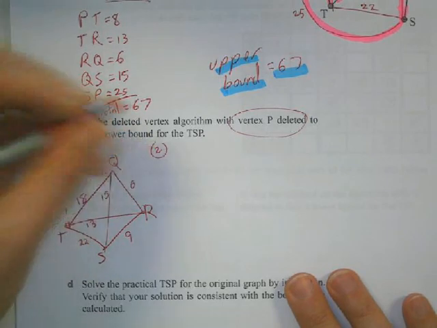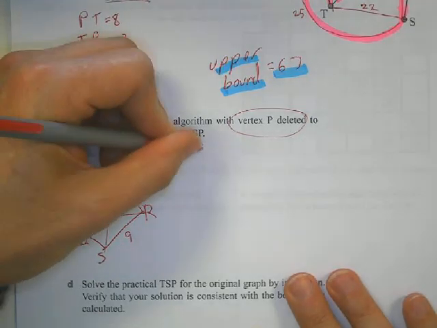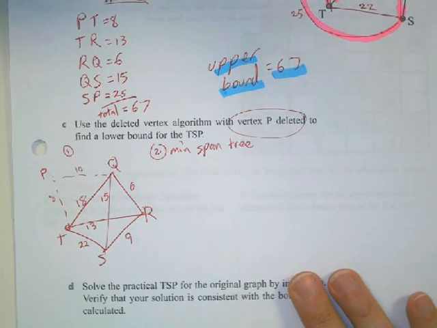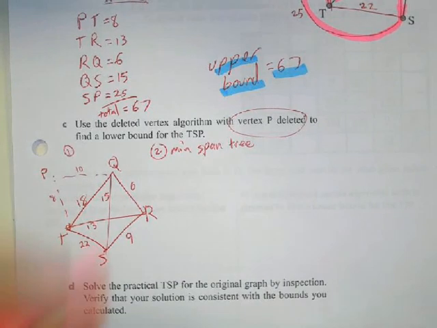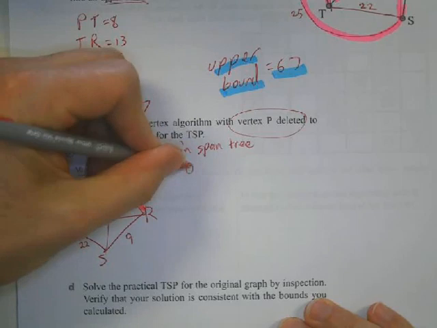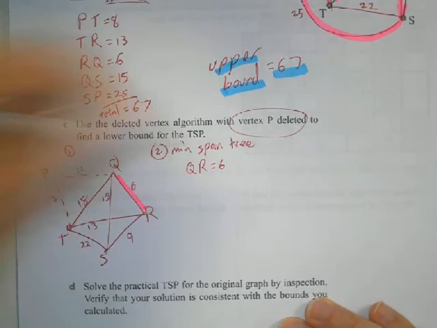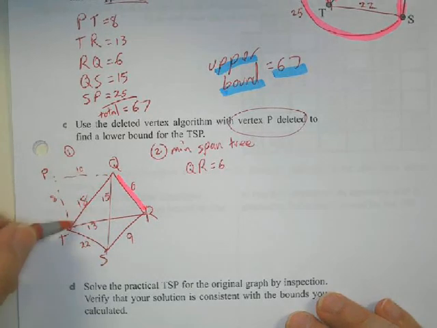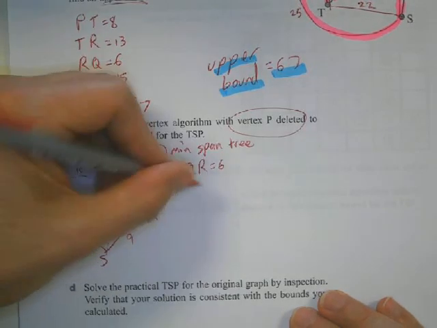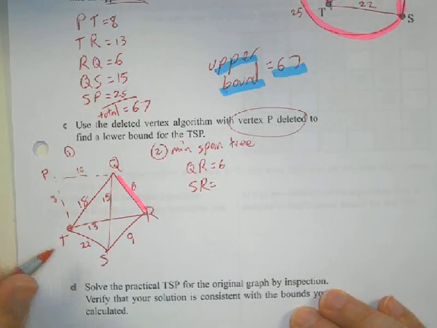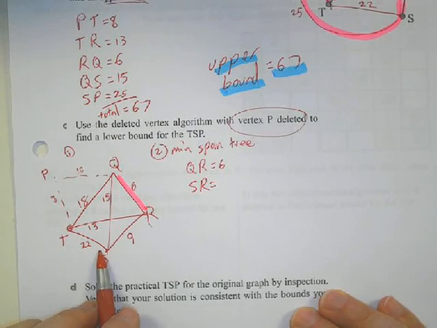Next, we're going to find our min span tree. So the first thing I do is I look for the smallest edge here, which is 6. So I know that QR equals 6. Then we need to go to another point. So that's 15, that's 18, that's 13, that's 9. So we're going to do SR. Yeah, that's 9.